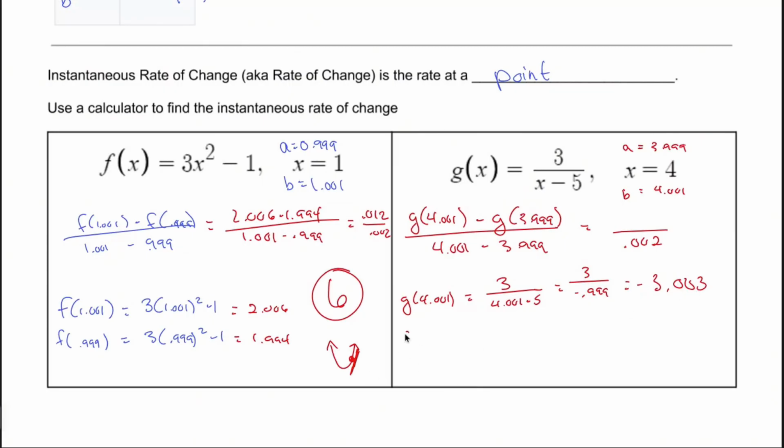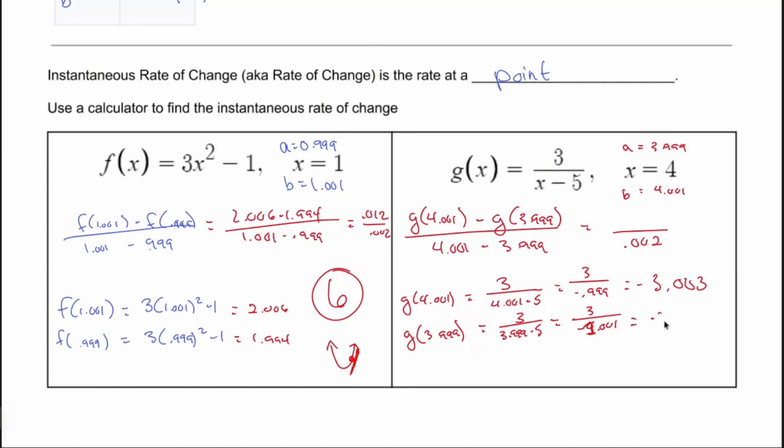If we do G of 3.999, that's 3 over 3.999 minus 5, you're looking at 3 over negative 1.001. Sorry, I wrote a 4 there, that should be a 1. What am I thinking?